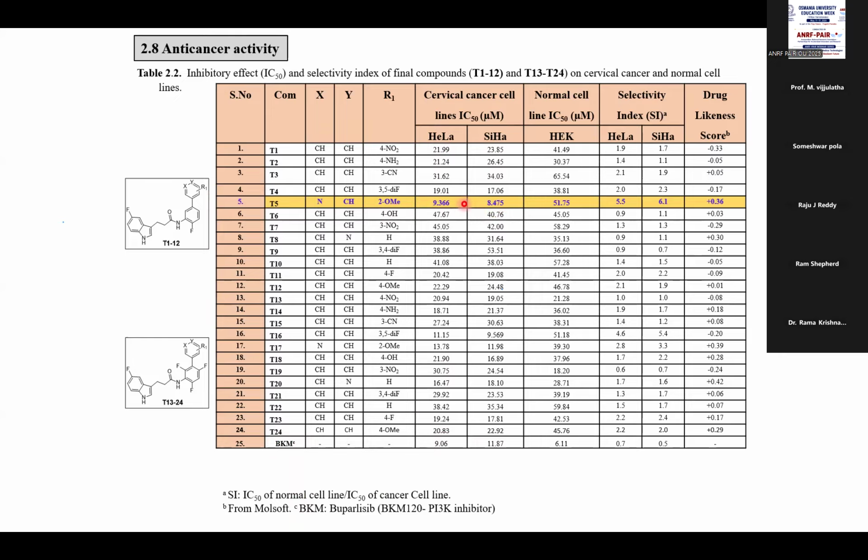So we thought these molecules are good. And also we checked for the normal cell activity, and we could see that this was having 51.75 inhibition, which is not so good. We are trying to get this into a better fitting thing, that is in process.